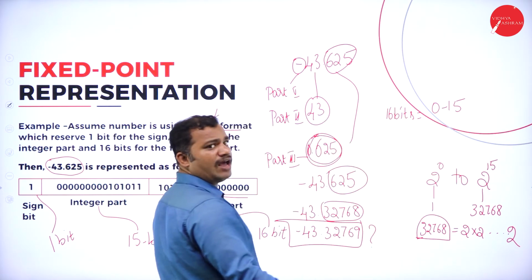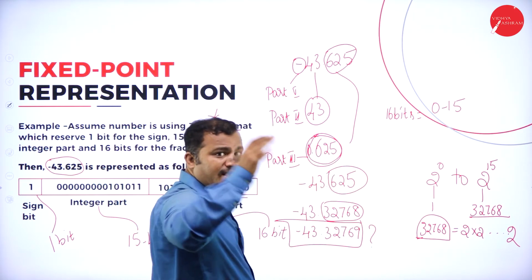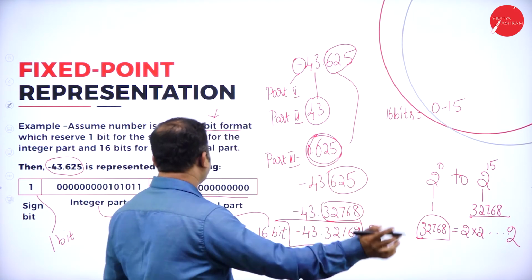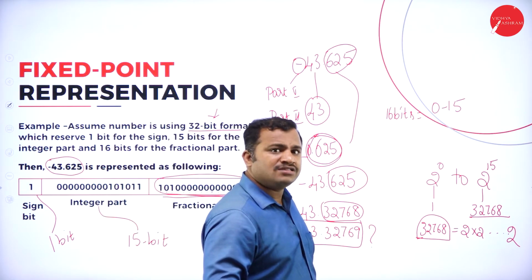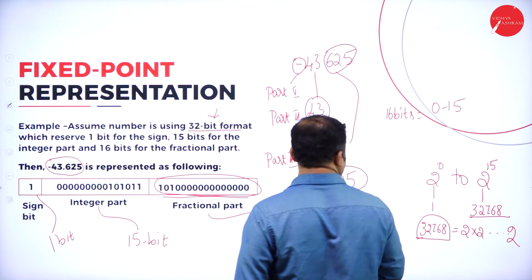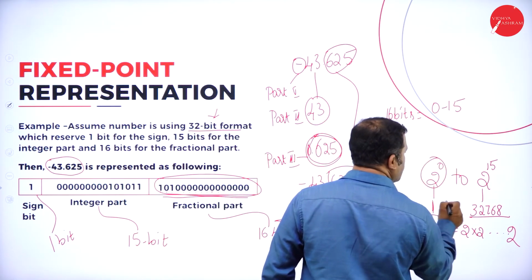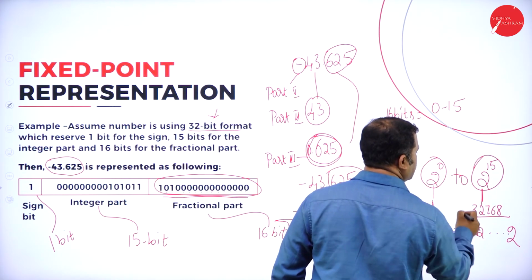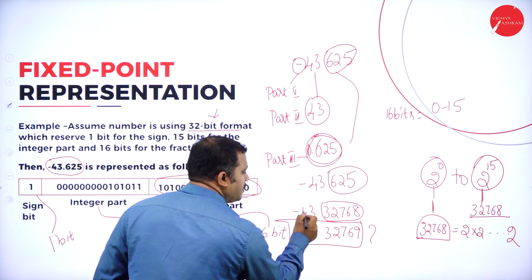What is the maximum value I can store here? I can store only 32,768. That is the maximum value I can have in the fractional part. What is the minimum value I can store here? That is 1. What is the maximum value? 32,768.